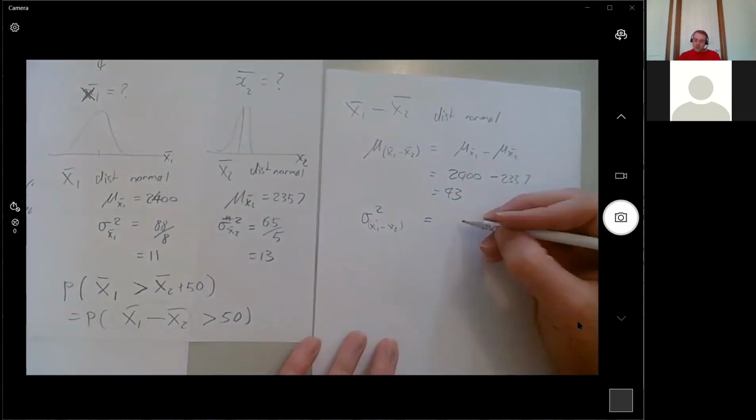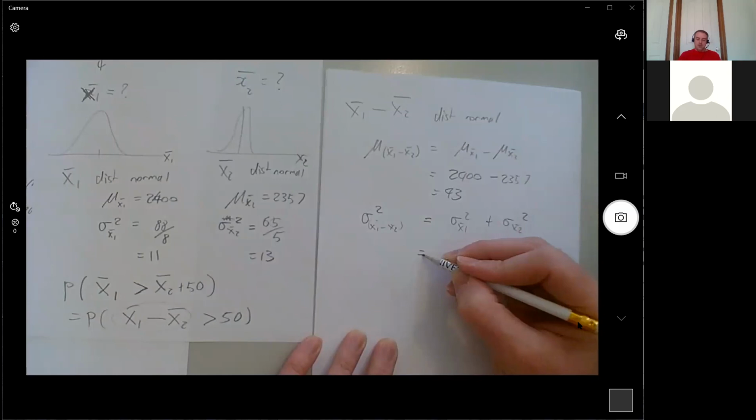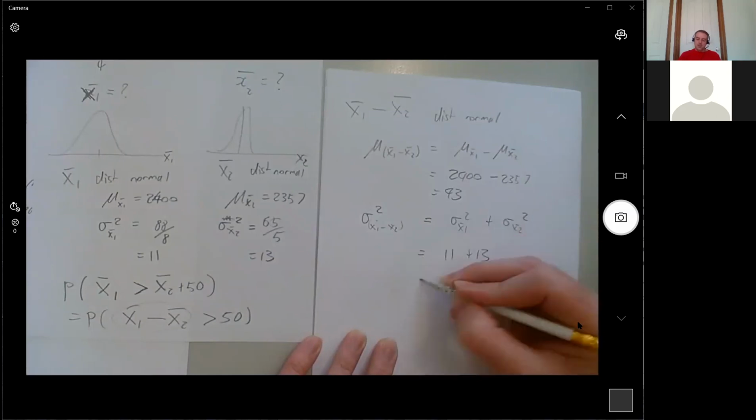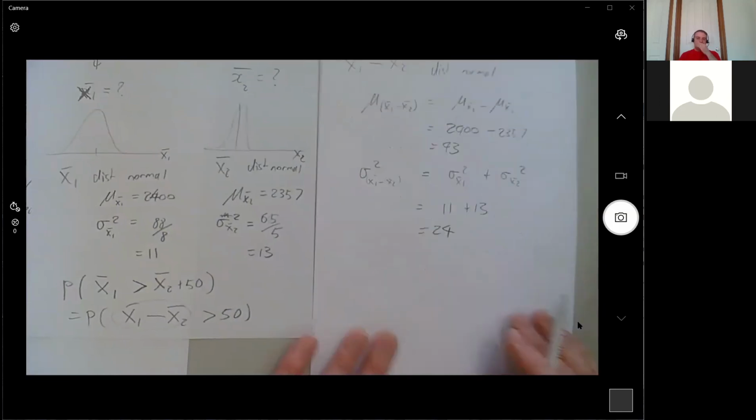So this should be the sum of the other two variances. 24, that's what I get. That right? 65 divided by 5 is 13, isn't it? Because 60 divided by 5 would be 12. Yeah. Okay. So that's that normal.